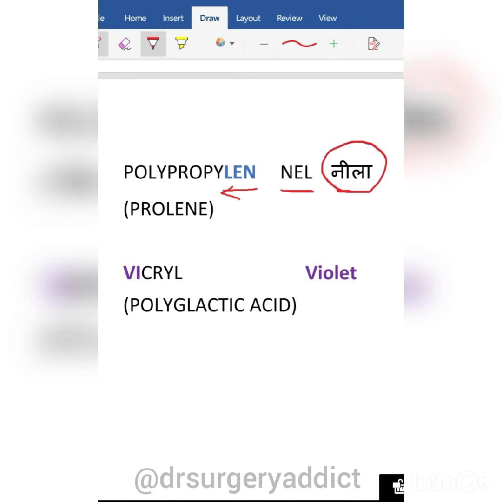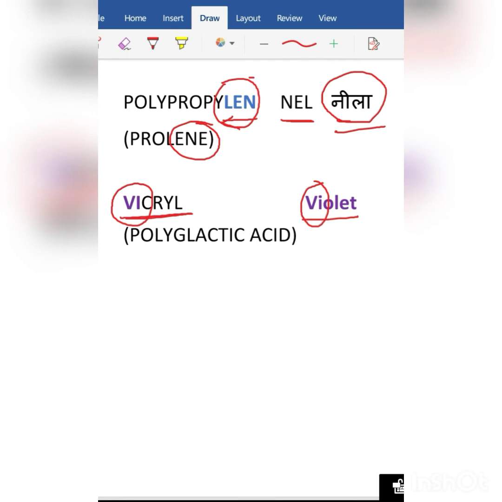So polypropylene or prolene is blue colored. What is this? This is vicryl. Vicryl starts with VI. Vicryl is violet. Remember the starting VI. I hope you got how to identify the suture materials by their color.